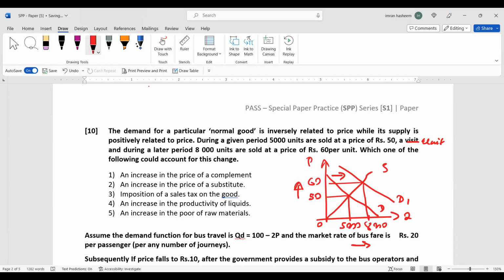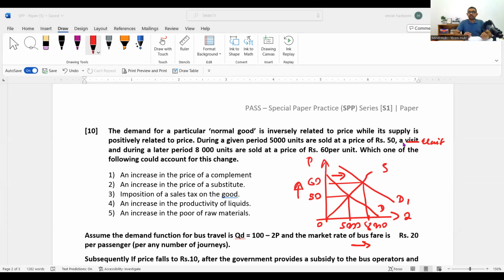So essentially, we are looking at a situation where market demand seems to have increased for this product. Where can we find a reason that would result in an increase in demand out of the options given?